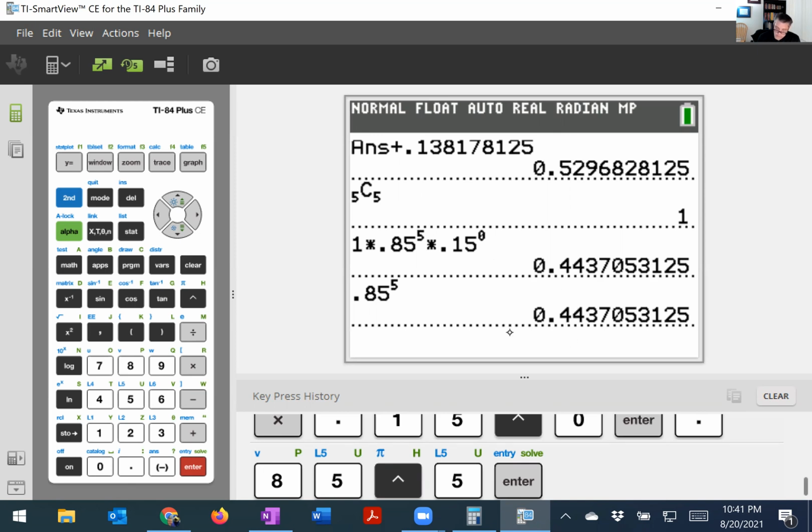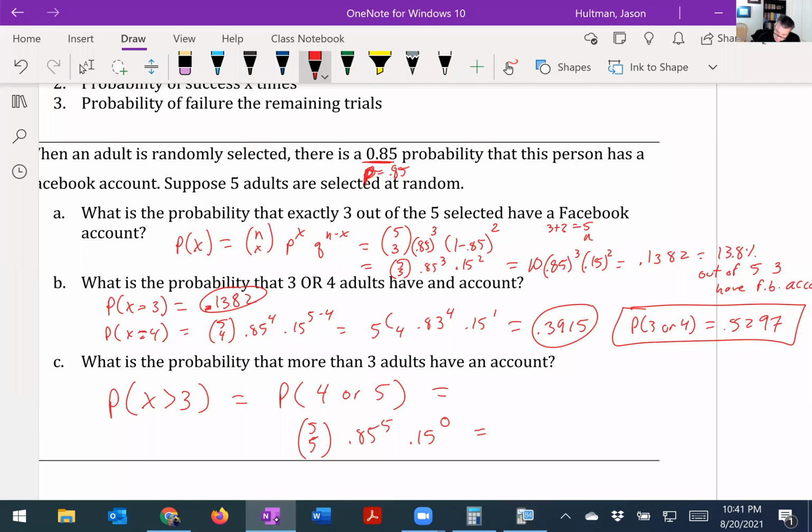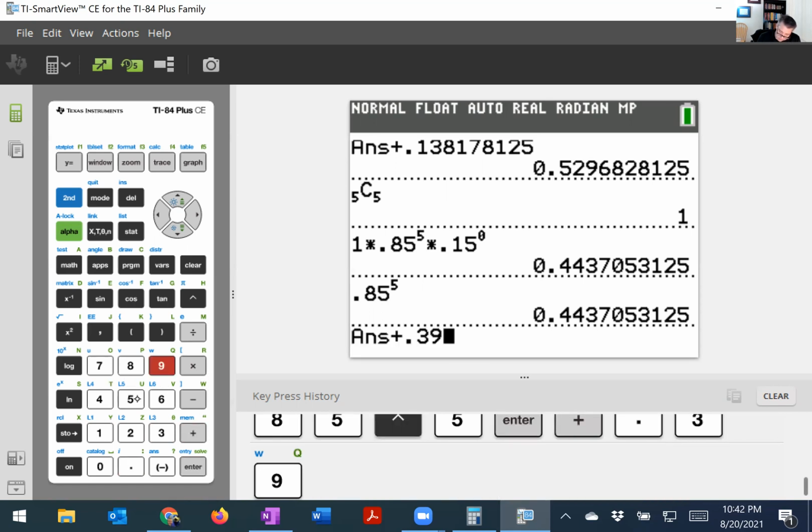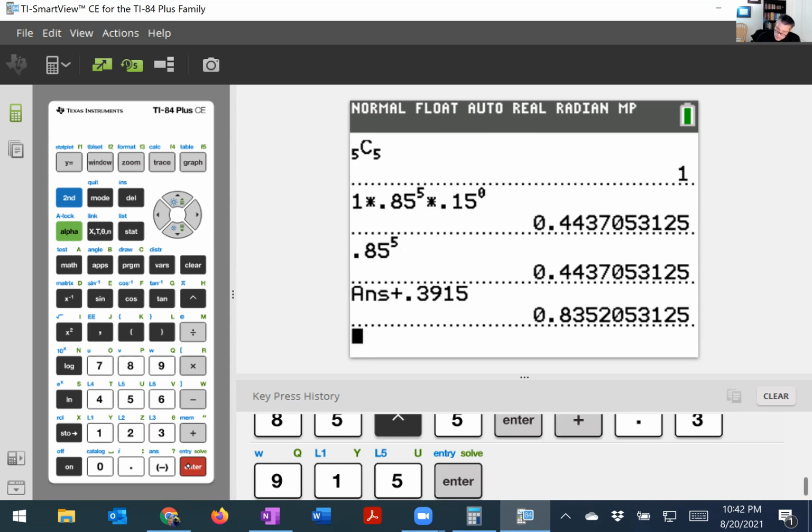So it's 0.4437, but that's only the probability that x is equal to 5. I want the probability that x is equal to 4 or 5. So what am I going to do? I'm going to add these two numbers together. 0.3915 plus 0.4437, and I get 0.8352.